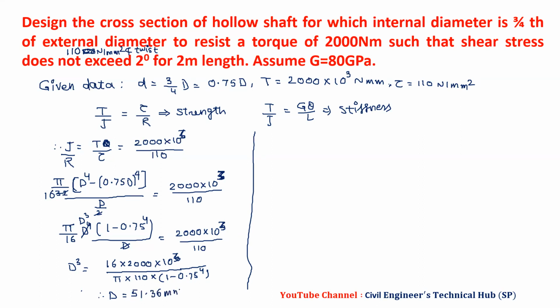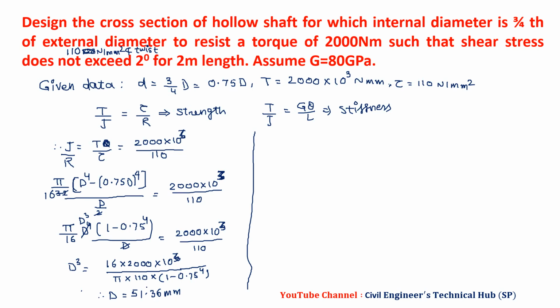51.36 millimeter. So 1 minus 0.75 to the power 4 multiplied by pi multiplied by 110, and inverse, multiply by 16 into 2000 to the power 3, to the power 1 by 3. I think 51.36.